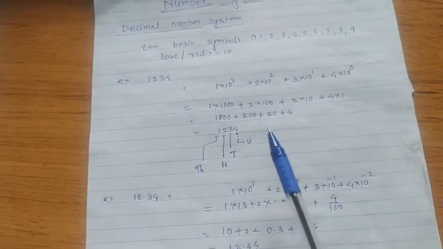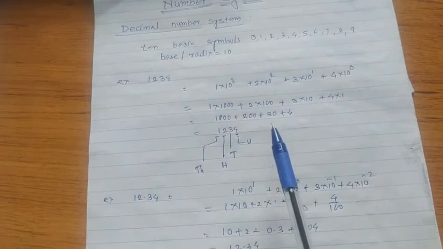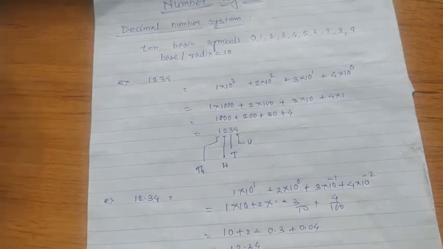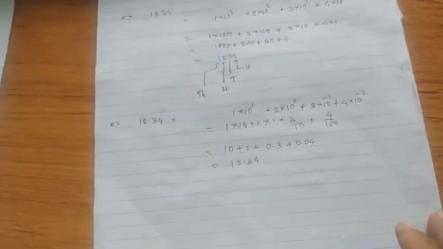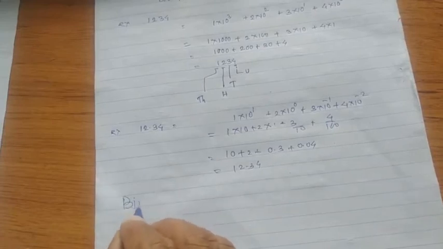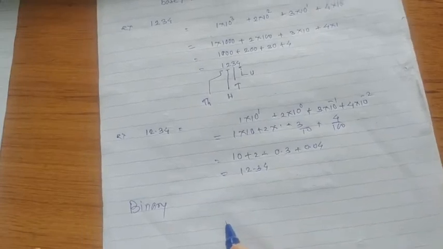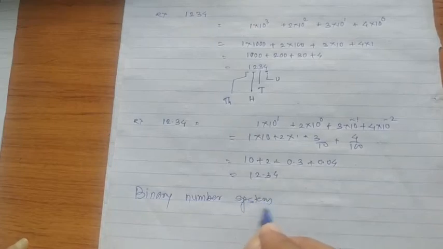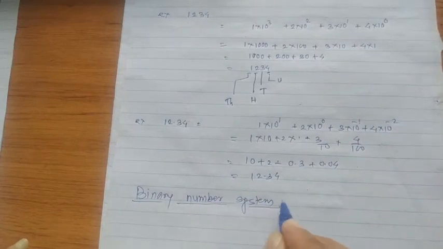The size and reliability of the circuit is very important, so a new number system is used. That new number system is known as the binary number system.